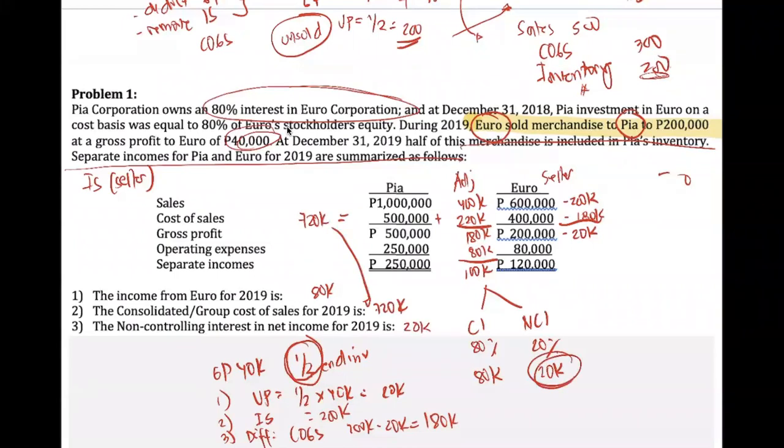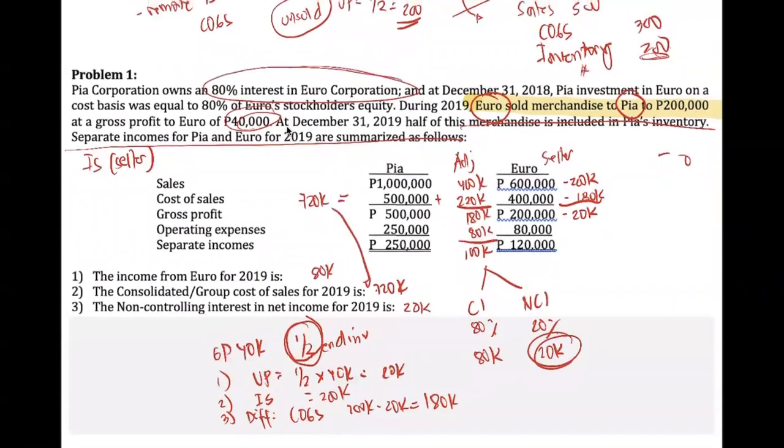Okay, so let's look into this problem and break it down again. In this problem, we first determine who is the intercompany seller. It says here Euro sold merchandise. Once you determine the intercompany seller, all adjustments will be to your intercompany seller. So how do we compute for your adjustments? First, the unrealized profit.